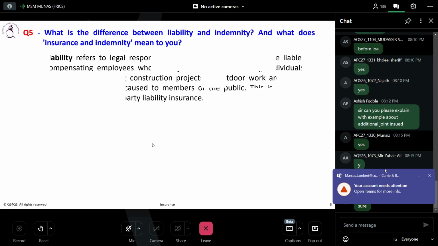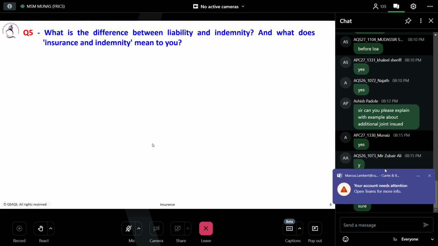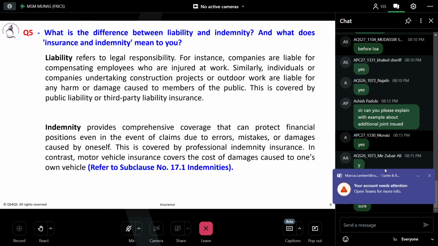What is the indemnity? The indemnity means you have to safeguard others. The contractor must safeguard the employer, or the employer must safeguard the contractor. So there are many points we can talk about.